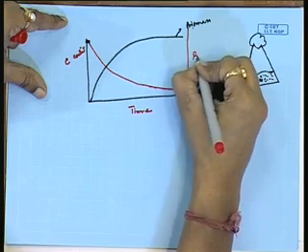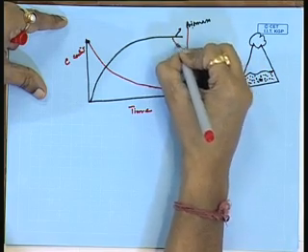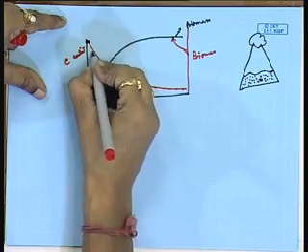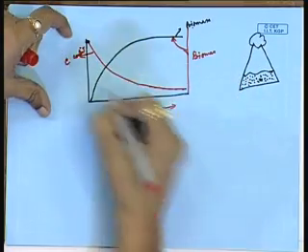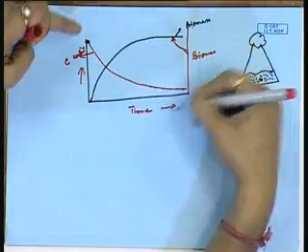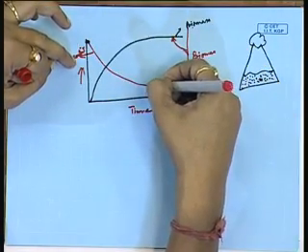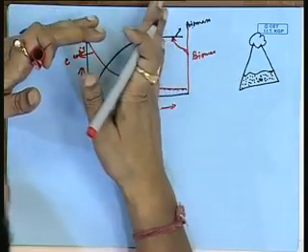If this is the biomass, and this is the carbon content, then in this graph we can find that after a certain time there is a crisis of nutrient inside the media.